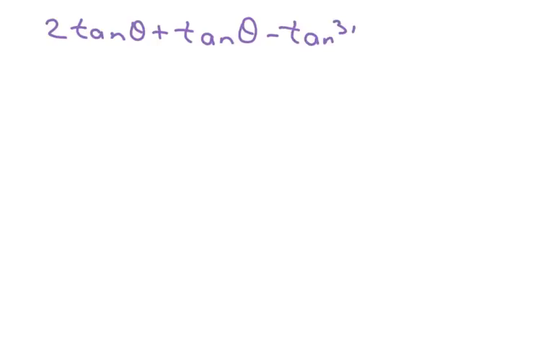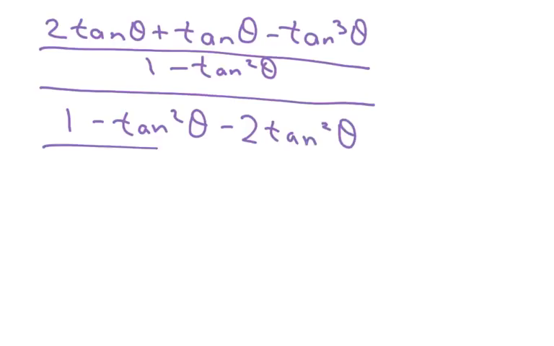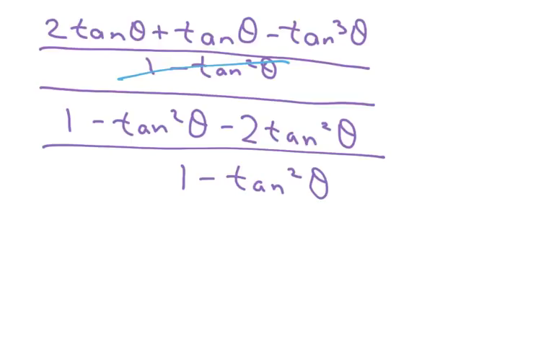When I do that, I'm going to get 2 tan of theta plus tan of theta minus tan cubed of theta over my common denominator, 1 minus tan squared of theta, and also do this for the denominator, and you get 1 minus tan squared of theta minus 2 tan squared of theta over 1 minus tan squared of theta. Now what happens is these two will cancel.